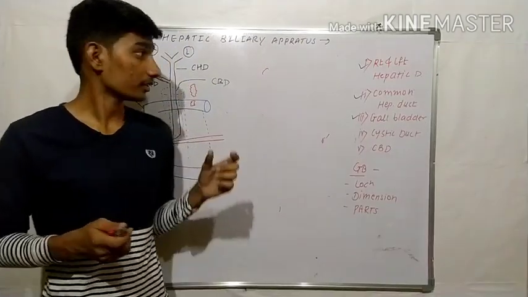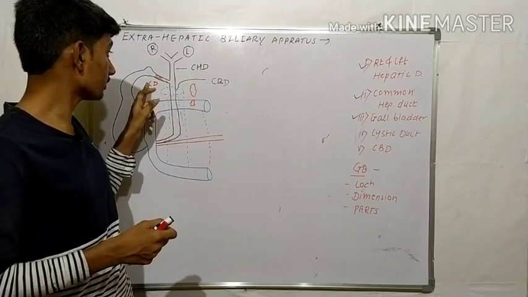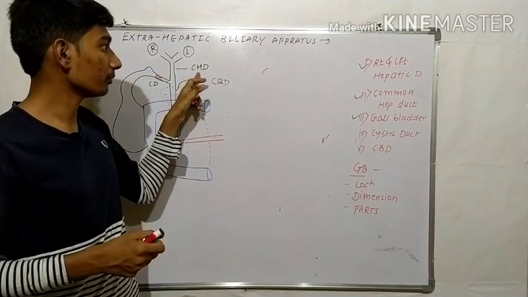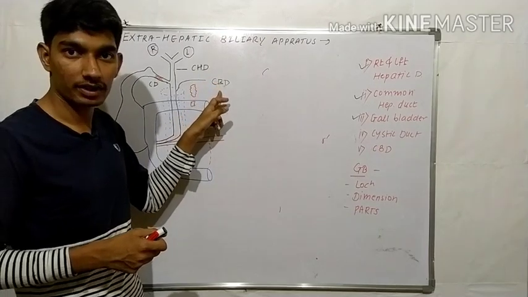Now, after the fusion of cystic duct with common hepatic duct, the common bile duct is formed.